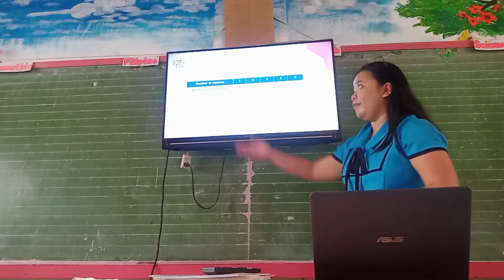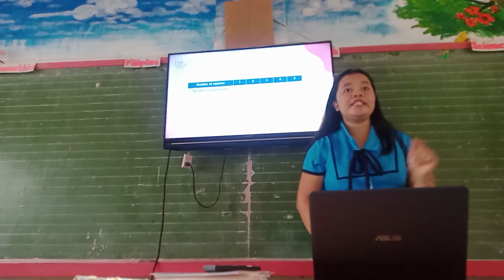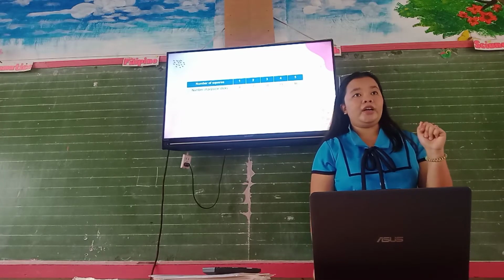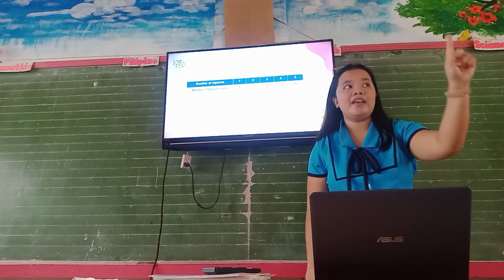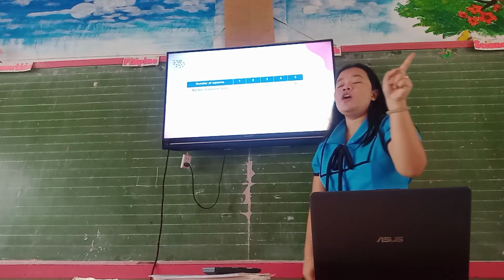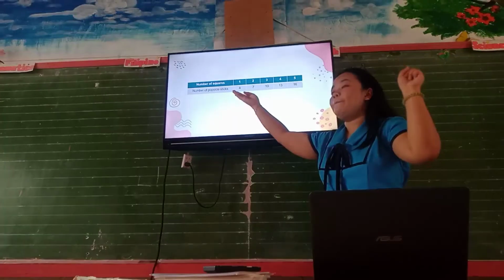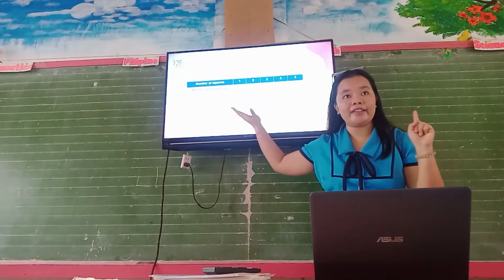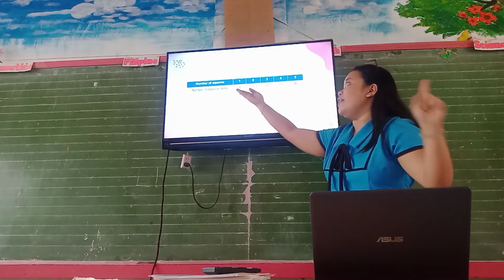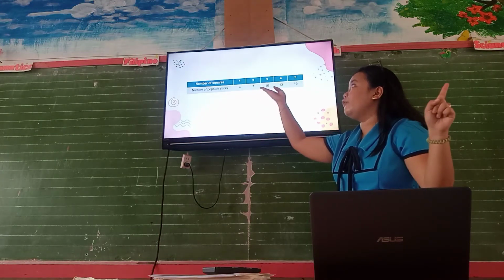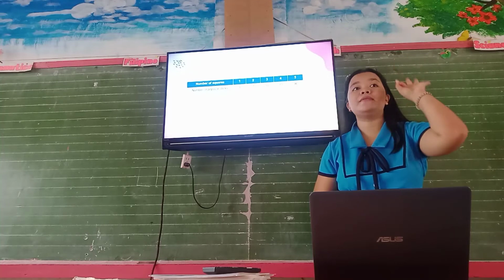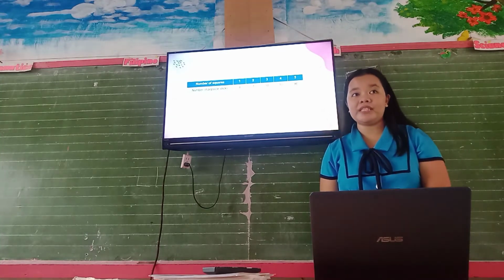For example, in the first set, we only have one square, right? And in that one square, we utilized 4 popsicle sticks. Am I right? And in order to find the next terms, we must add 3 to the preceding terms.